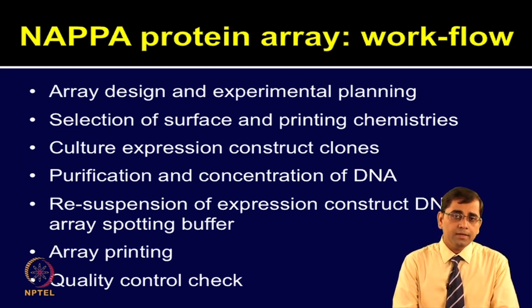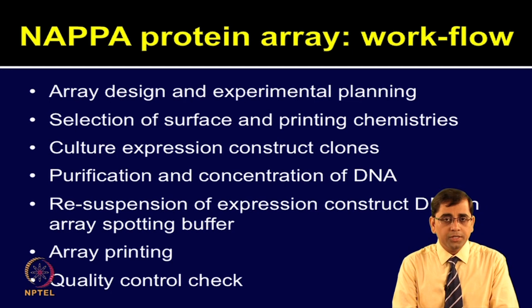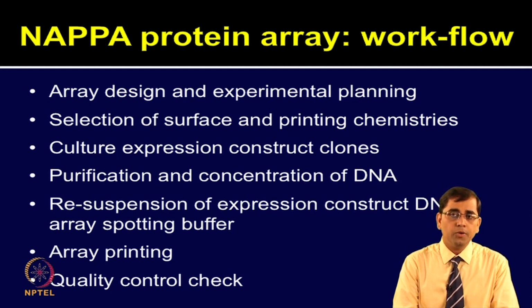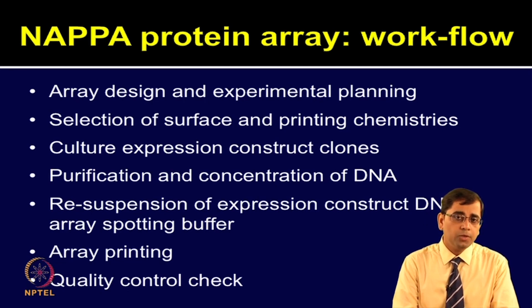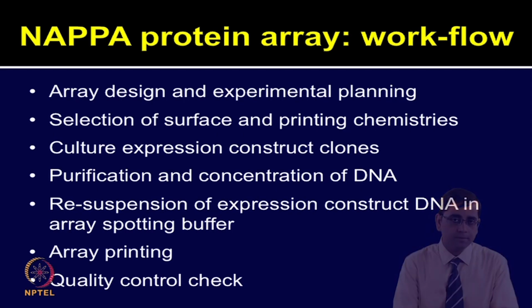If you want to identify some biomarkers, for example, you are looking at serum screening, you need to have some good control spots such as human IgG or mouse IgG. Thus, a lot of thought goes into designing the experiments for microarrays as opposed to what one does in other types of proteomic technologies.